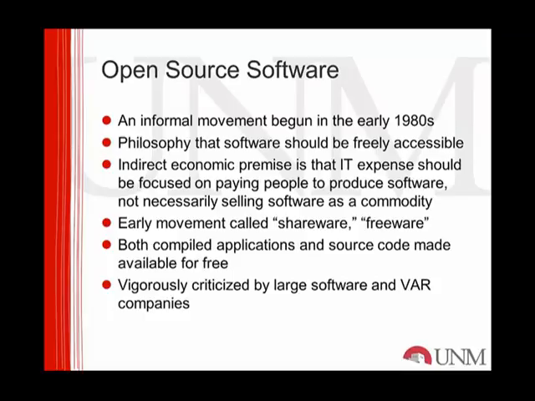A great deal of the animosity towards Microsoft, for example, was that Bill Gates wrote an open letter to the computer user community in the early 1980s saying that you need to respect our proprietary software licensing model and not make copies of Microsoft Windows or MS-DOS and just distribute them to your friends.